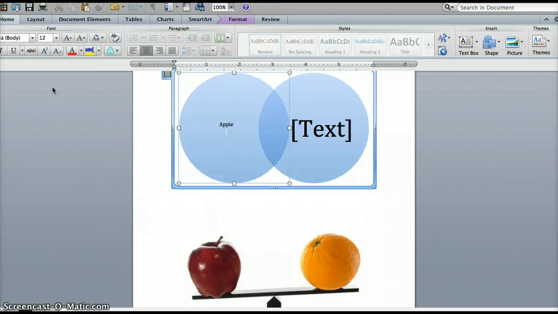Well, you might say that the apple has a stem on the top in this picture. And maybe you would say that the apple is red. The apple has thin, shiny skin.